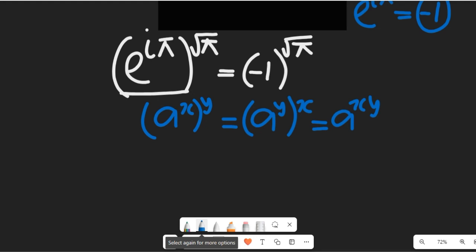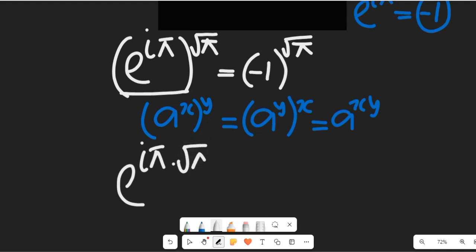That is exactly what you're going to have. That means I can multiply the exponent. So that means this will give me the exponent of i pi multiplied by the square root of pi, and this will be equal to negative 1 multiplying the square root of pi.